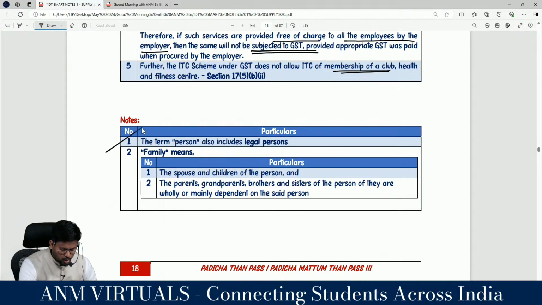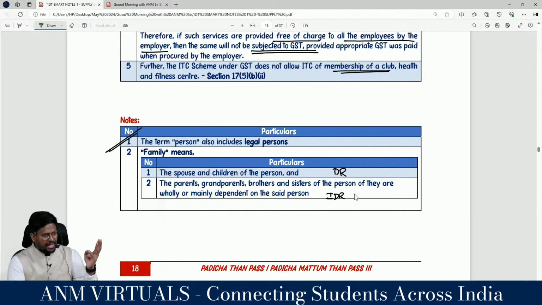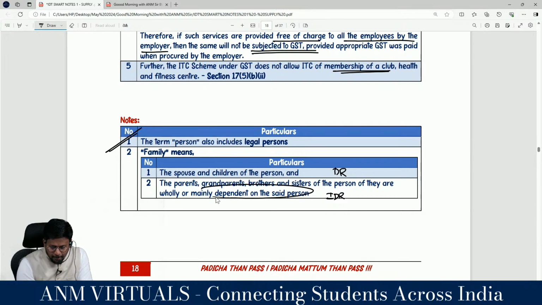The term person also includes what person? Family means spouse and children of the person. This is a direct relationship. Then indirect relationships are parents, grandparents, brothers and sisters of the person if they are wholly and mainly dependent on such person. So spouse and children of the person are always family. But parents, grandparents, brothers and sisters of the person will be treated as family only if they are wholly dependent.